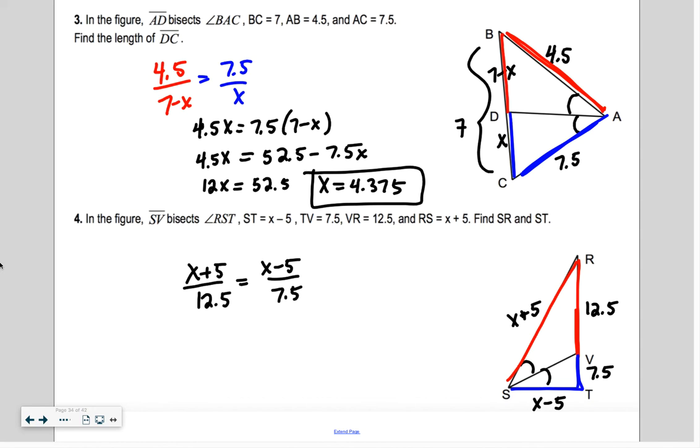You could have different variations. You could have x plus 5 over x minus 5 equals 12.5 over 7.5, right? There's lots of other things you could have. We then cross multiply, so we take that 7.5 multiplied by x plus 5, and we take the 12.5 multiplied by the x minus 5.